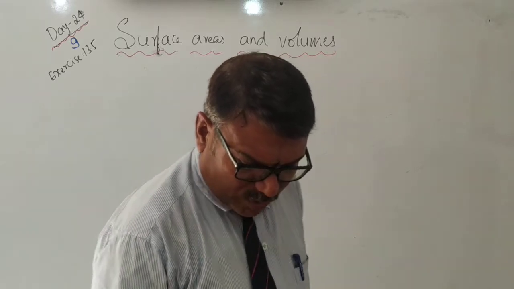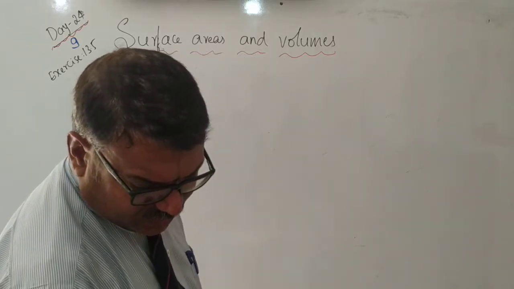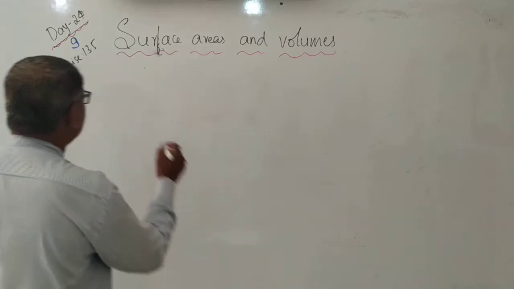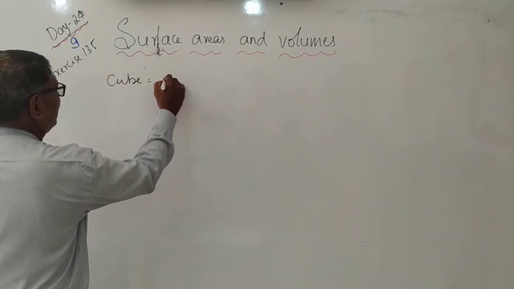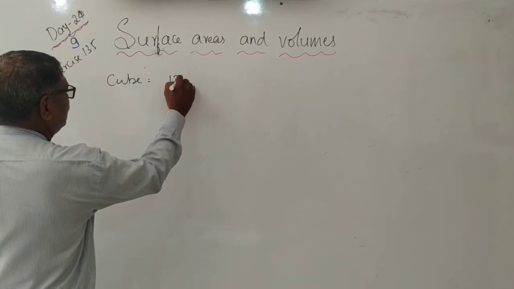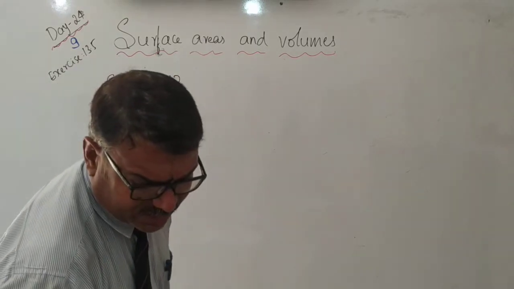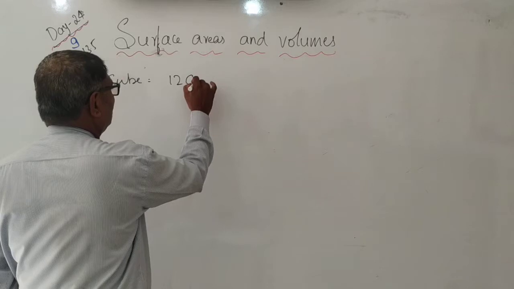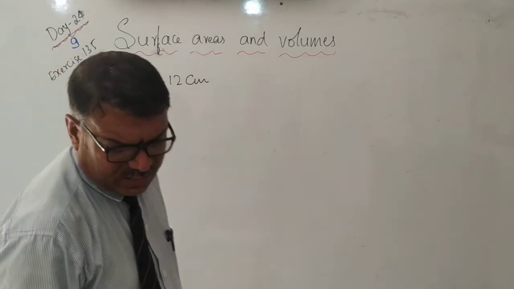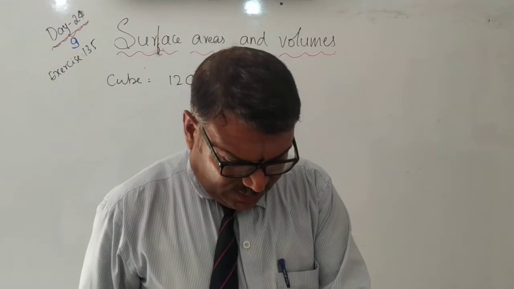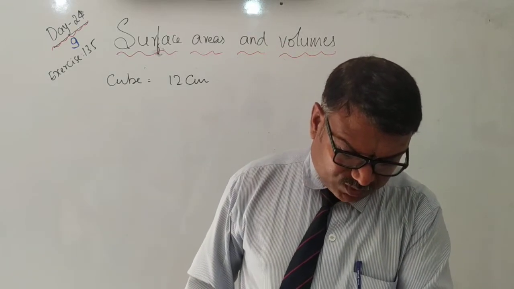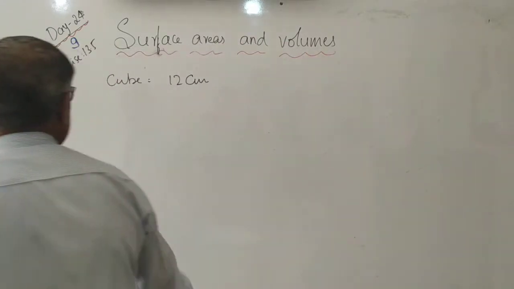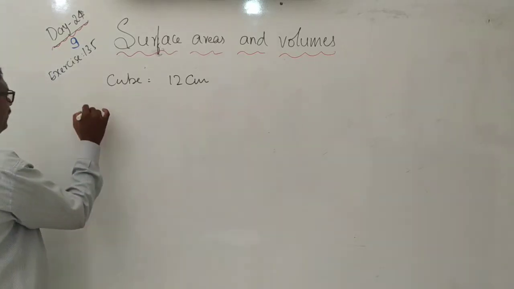A solid cube of side length 12 centimeters is cut into 8 cubes of equal volumes. First we should find out the volume of the cube.